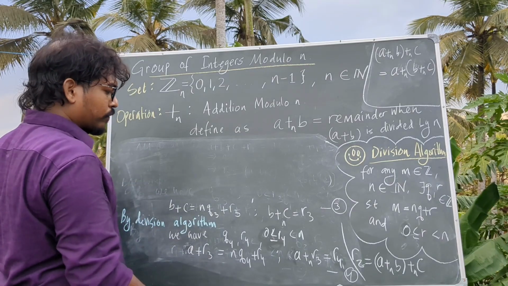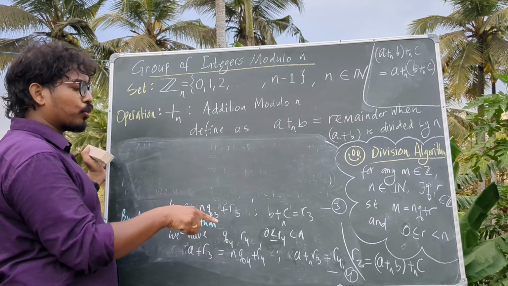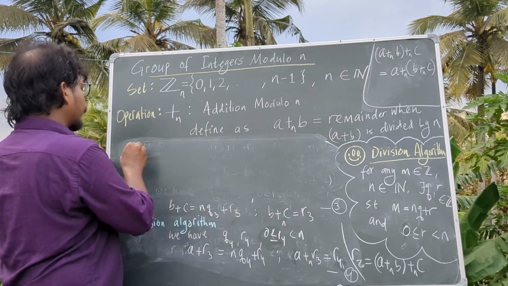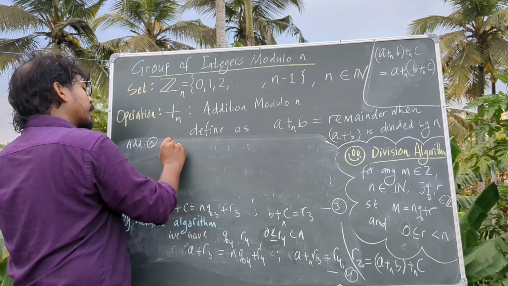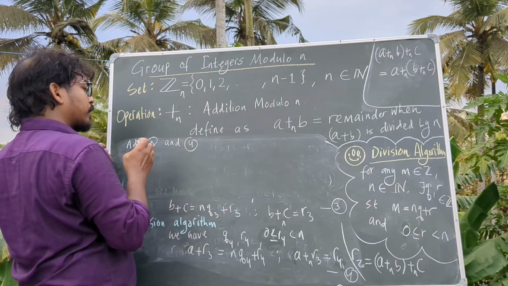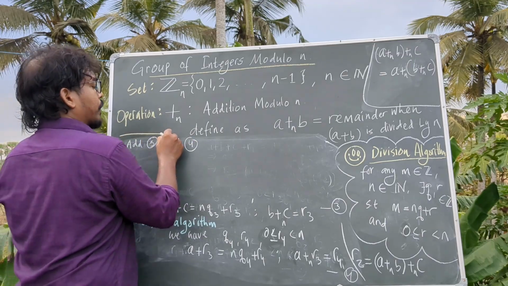Now we will again do the same procedure. So we will add 3 and 4. Let us separate this one.